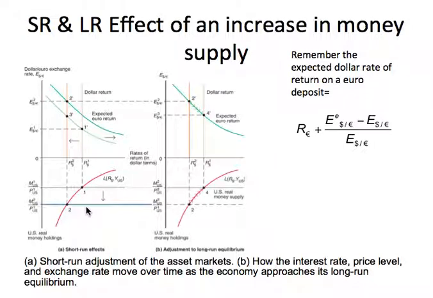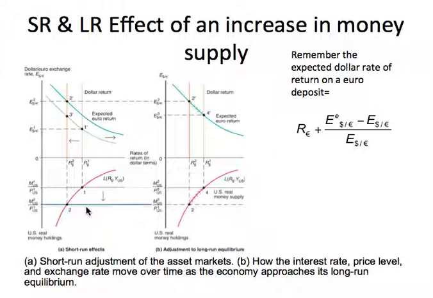Now, quite naturally, even without drawing these graphs, you can imagine what's going to happen in the short run. Because the interest rate drops, investors will start shifting investments from the US to another country where the assets are paying higher interest rates.